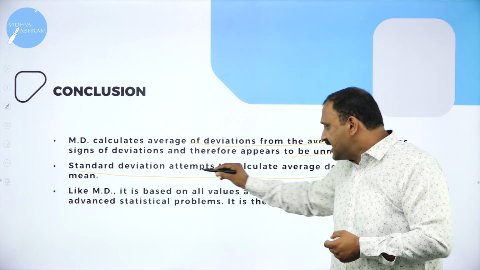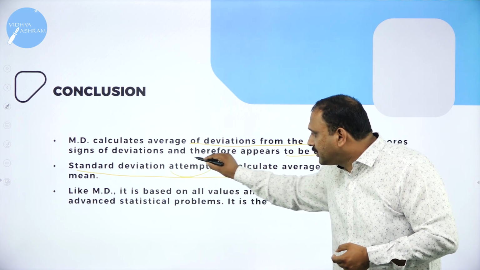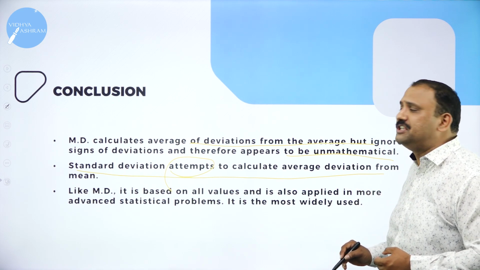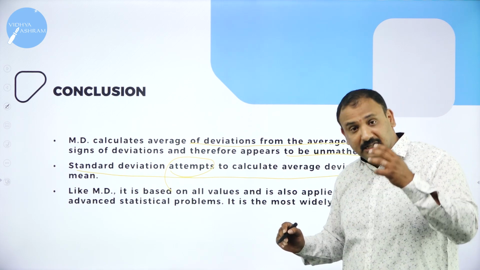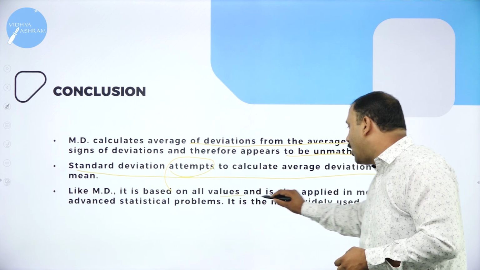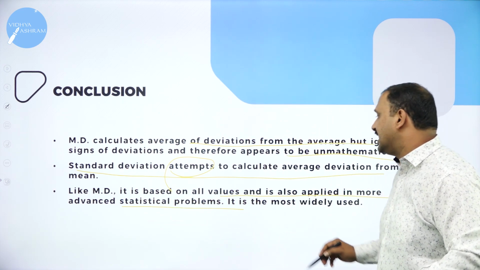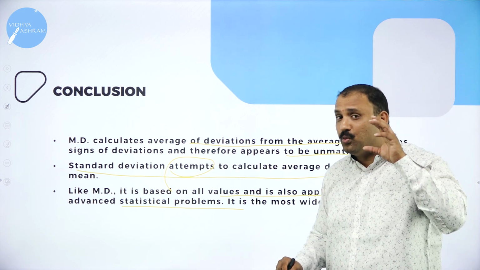So standard deviation also attempts to calculate the average deviation from the mean. Like the mean deviation, it is based on all values, and it is applied more in advanced statistical problems. That is what is being widely used.